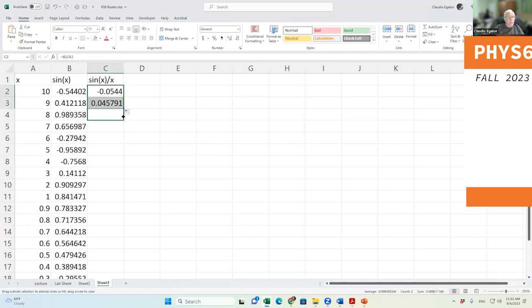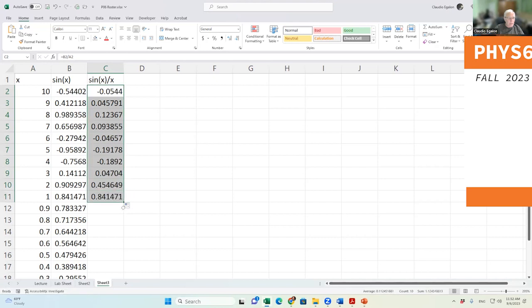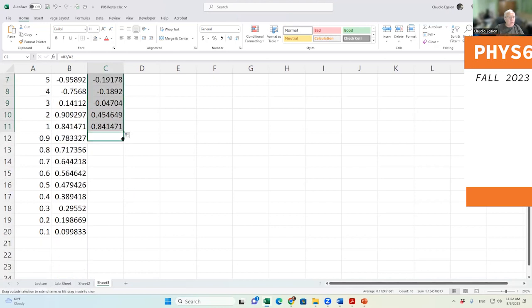As I move along, the value of sine of x divided by x starts to oscillate until it starts to converge towards a value.